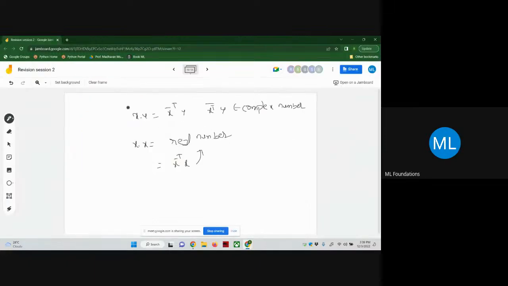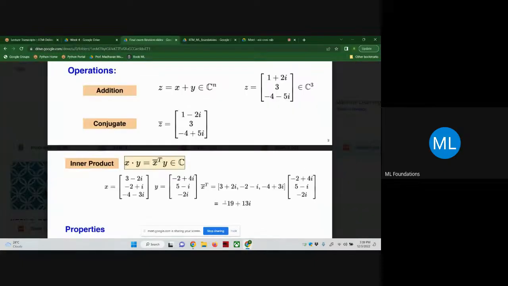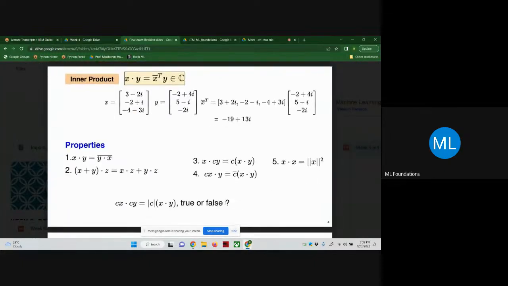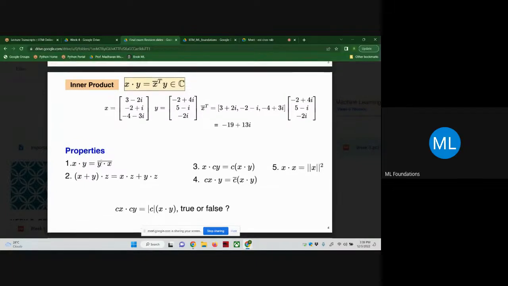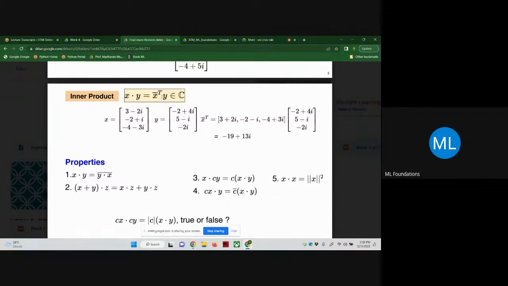Actually, there is a relation between x dot y and y dot x. x dot y equals the conjugate of y dot x. In other words, since x transpose y belongs to the complex numbers, the length of x dot y is equal to the length of y dot x, because the length of a complex number and the length of its conjugate are the same.